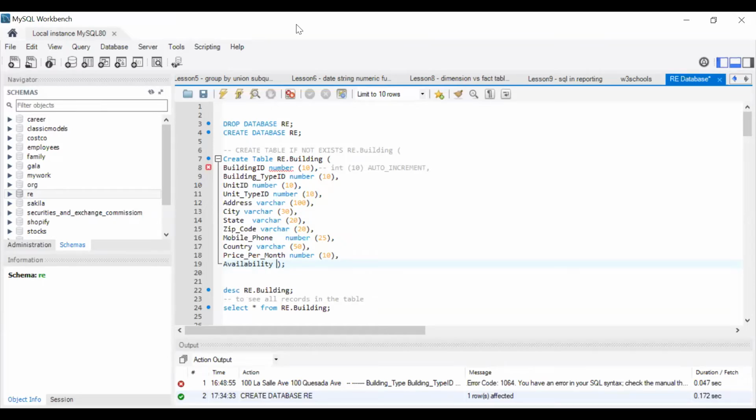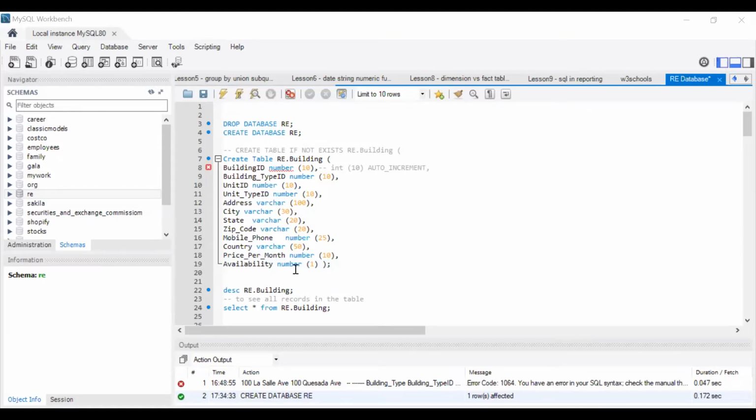So for that purpose, I would create it as a number. We could have number 1, but let's see. True or false? Yes, we could do true or false.